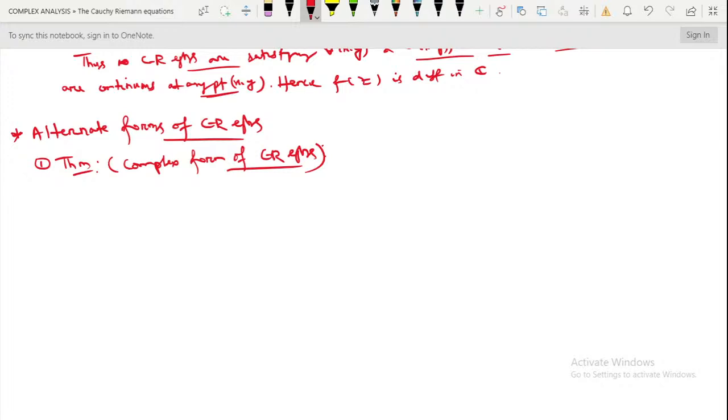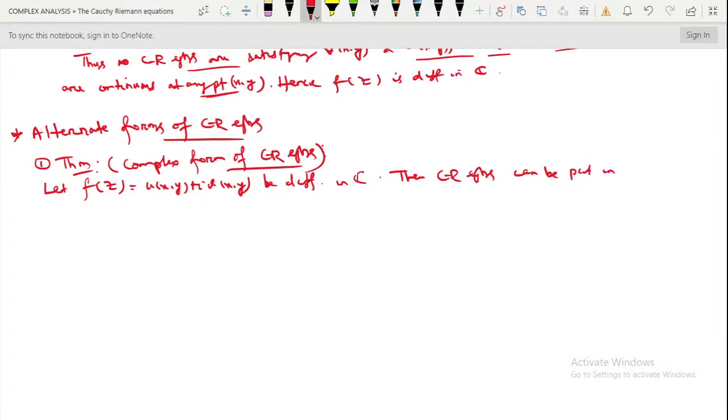Let f of z, which is equal to u of x y plus i times v of x y, be differentiable in C. Then the Cauchy-Riemann equations can be put in the complex form as f x is equal to minus i times f y.